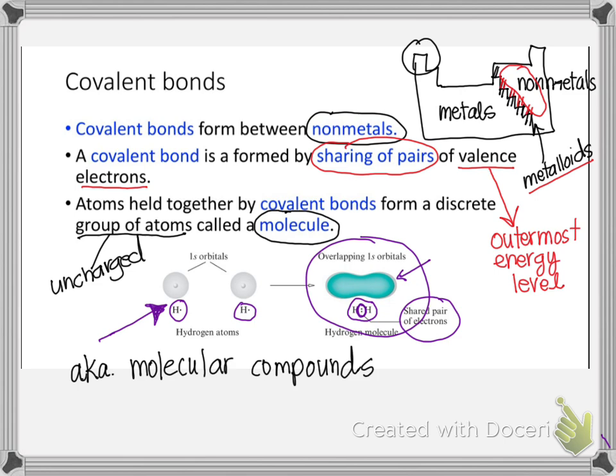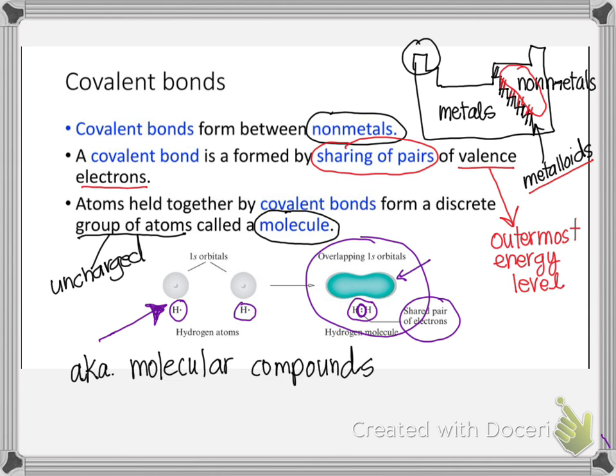At this moment, we don't have any idea about why they would share or even some of how it's drawn. I just want you to have an image in your mind when we talk about shared electron pairs and what it means for those electron clouds, how they're sharing and overlapping.